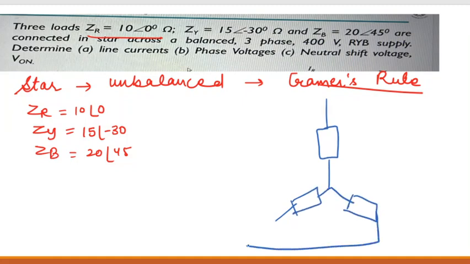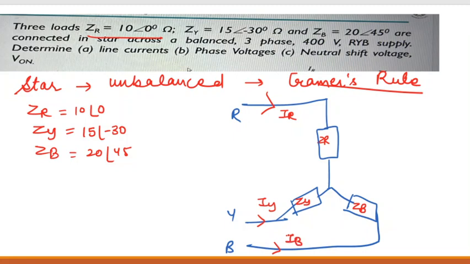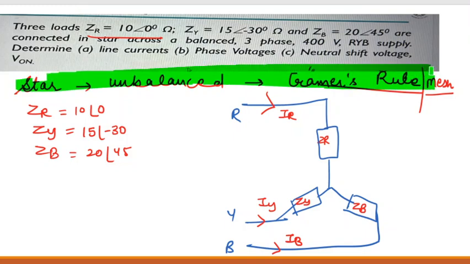They are saying this is for the star connection. This is R, this is Y, this is B, right? So this would be ZR, ZY, this would be ZB. Here the current IR is there, IY is there, IB is there. So in this, apart from Cramer's rule, we need to apply mesh analysis, particularly for this case.